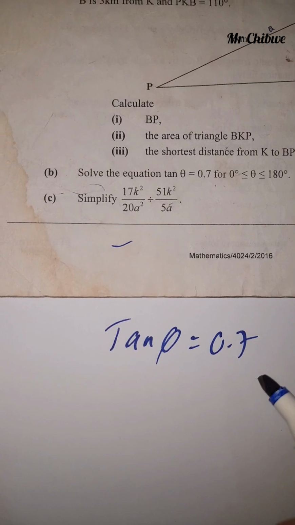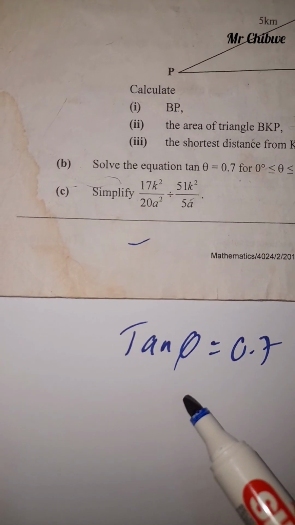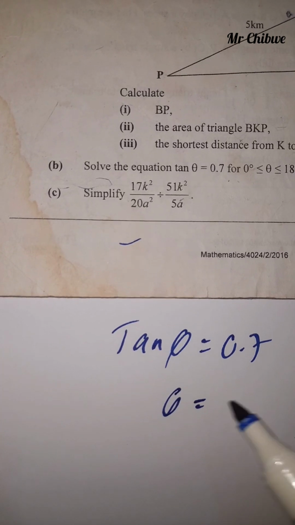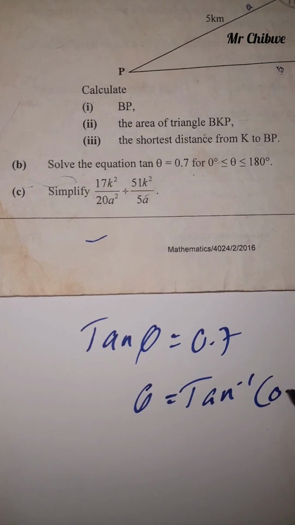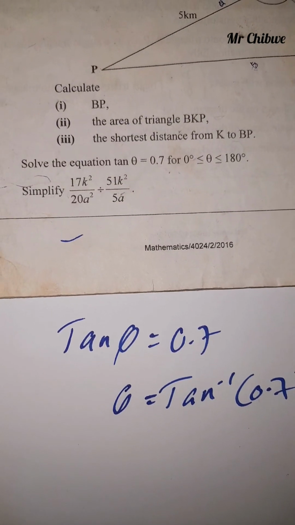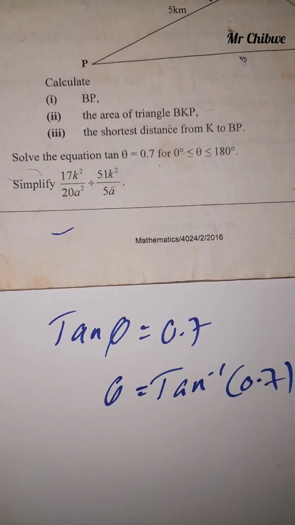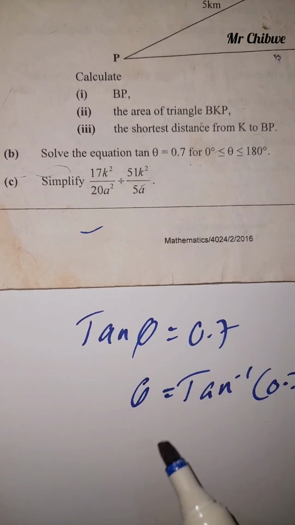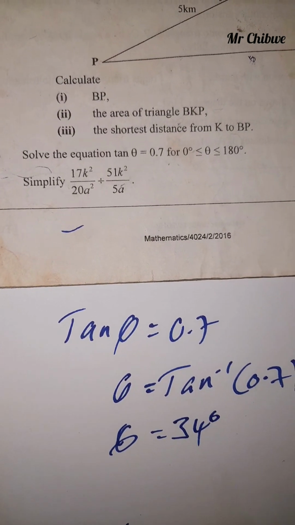So here, the first step is we are going to find the tan inverse or the reference angle. So it will be tan inverse of 0.7, which is 34. So the reference angle here is 34 degrees.